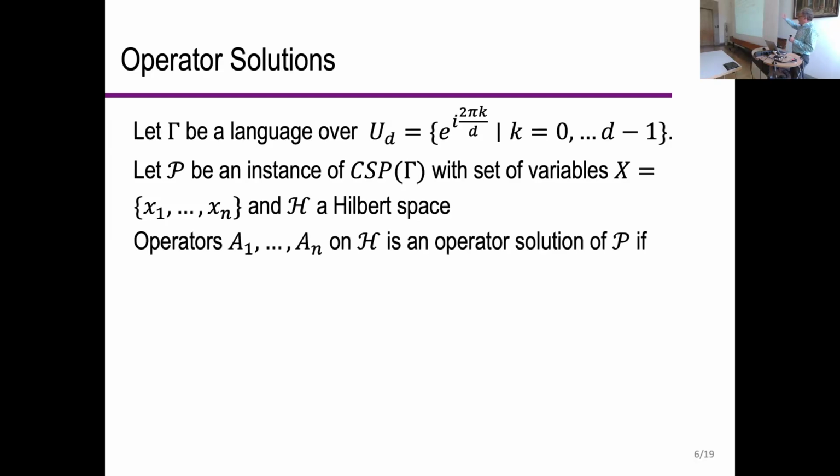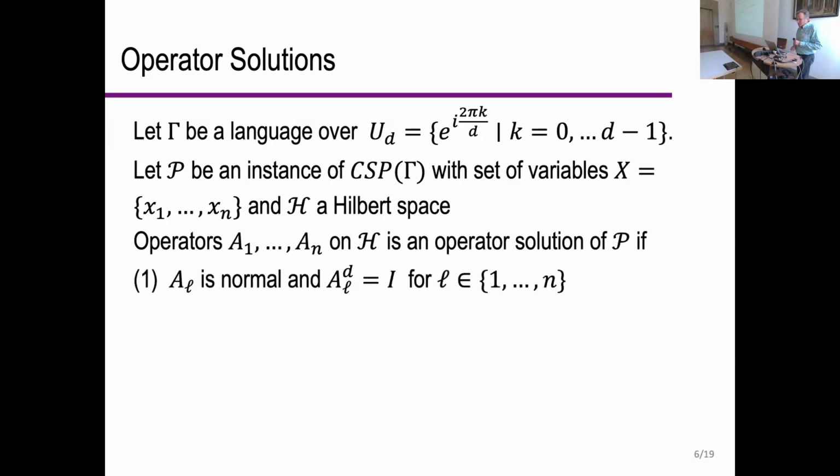Okay, so I say that a bunch of operators on H is an operator solution if several conditions hold. First of all, every operator is normal, and it's of finite order D. So if I raise it to the power of D, I get the identity operator. Clearly, if I want infinite dimensional, I will have to say that it's not just equal, it has to hold almost everywhere and stuff like that, but it doesn't matter.